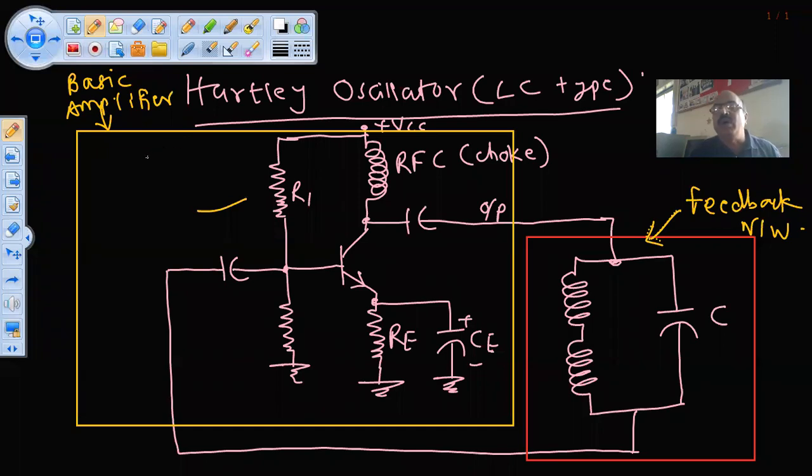Okay, so whatever block diagram we were drawing, the same block diagram we are following. This is your basic amplifier.